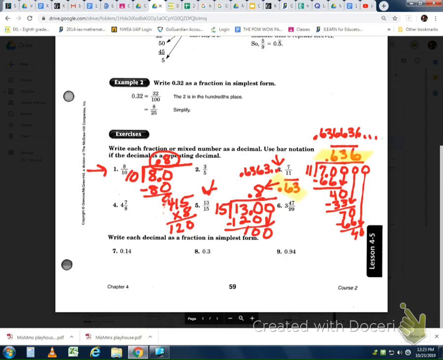So how many times would 15 go into 100? I think we know that, don't we? What was the one that we tried? 8 was 120, but 6, before that, was how much? 90. 6 is 90, and there's 10 left. Uh-oh. Now what?